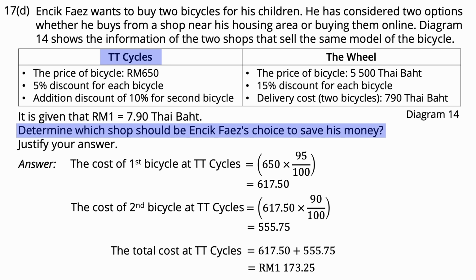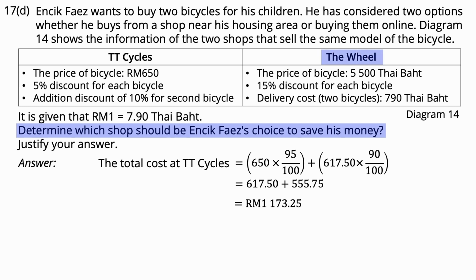Option 2. The Wheel. Each bicycle costs 5,500 Thai baht. Convert Thai baht to ringgit Malaysia. It is given that 1 ringgit Malaysia equals 7.90 Thai baht. 5,500 divided by 7.90 is 696.20 ringgit Malaysia per bicycle. There's a 15% discount on each bicycle.